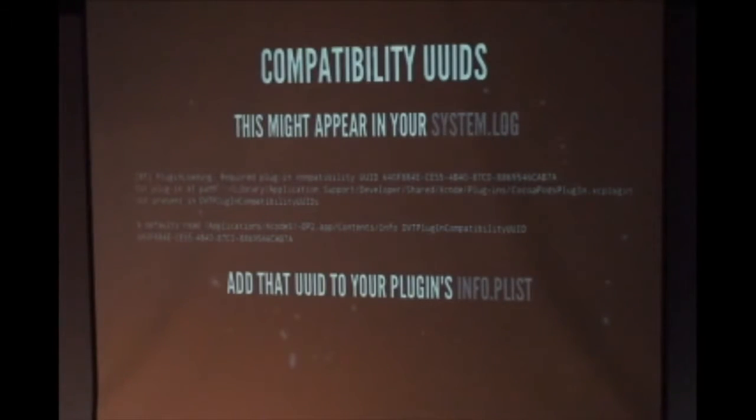So if you use Xcode 6 now, none of your plugins will get loaded from Xcode 5 unless you put the Xcode 6 UUID in there. And you see there the error message you will see in the system log. So if you're wondering why a plugin you're writing is not loading and you see this message, it means you have to update your Info.plist.